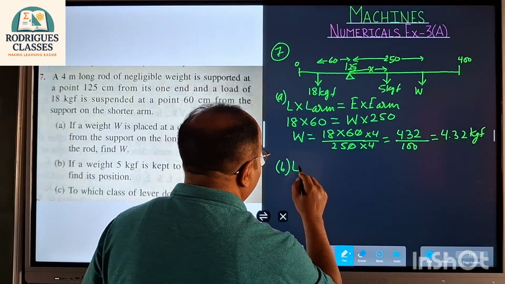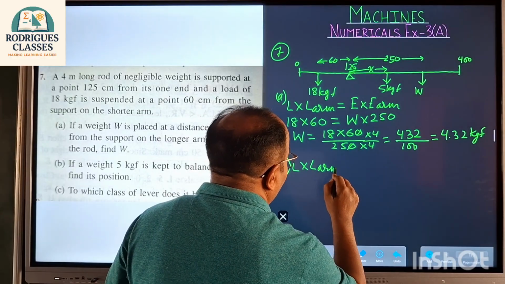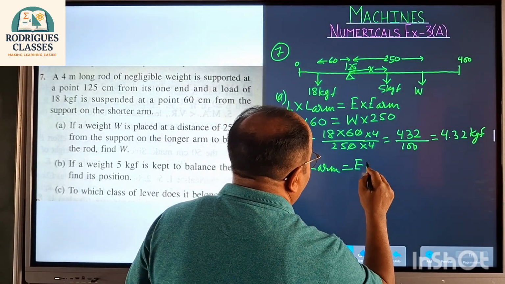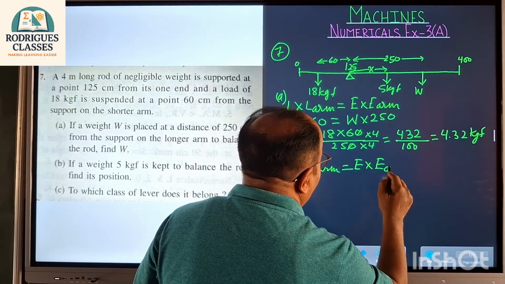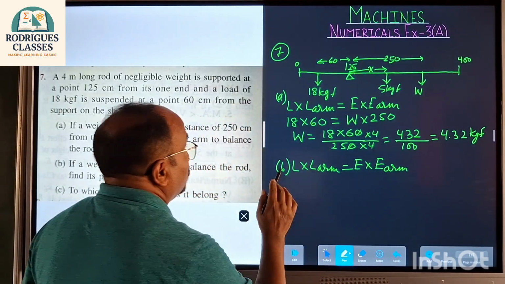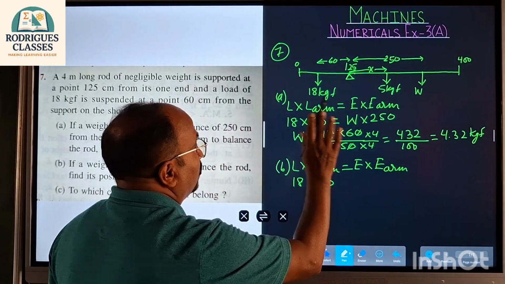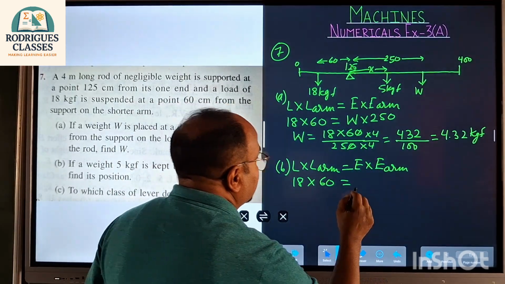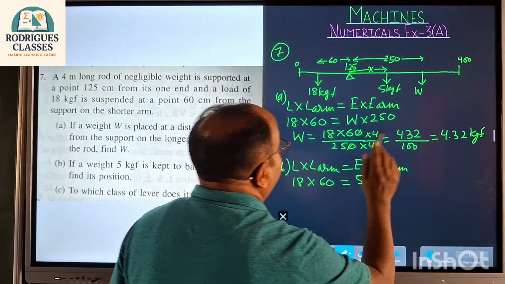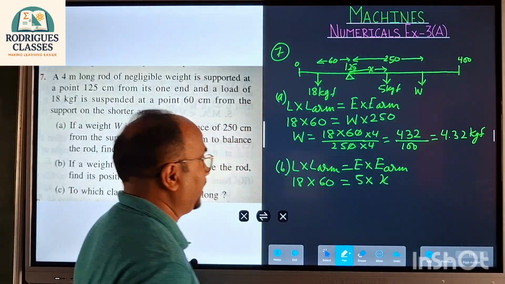So again we will apply the same thing. Load into load arm is equal to effort into effort arm. So load is here 18 into 60, that part has not changed. Effort here, the weight is 5 and the effort arm is that distance x.